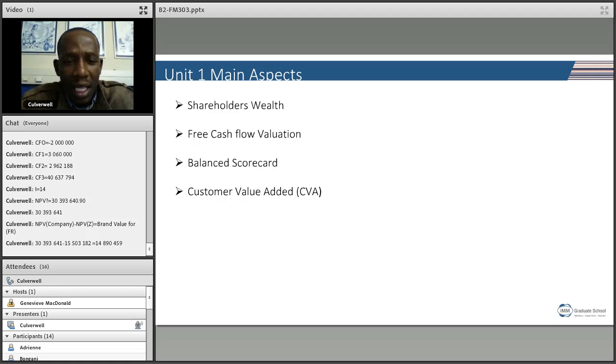And then lastly, the customer value added, the CVA. Perceived value is what customers are willing to pay for a specific product or service. Who drives the perception that customers have? It's marketing. So during product promotion, it's marketing that will increase the perceived value. If the perceived value has been increased, surely we can afford to increase our prices slightly, and we will still have customers buying our products.